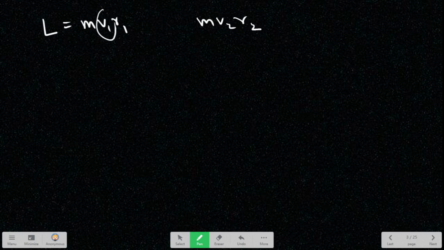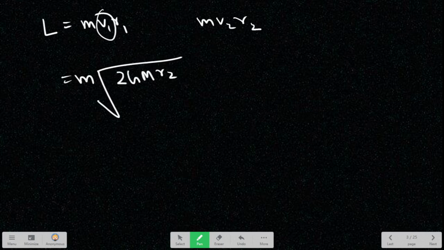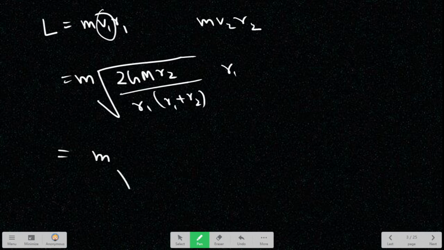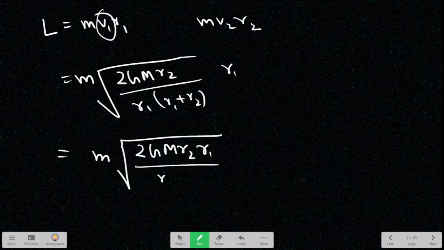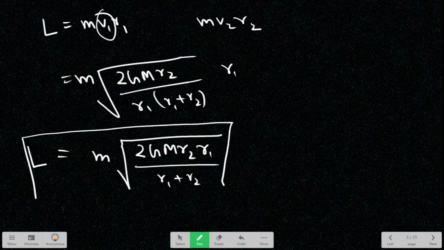So if we put v1 as root of 2GM r2 divided by r1 into (r1 plus r2), multiplied by r1, this is equal to m into root of 2GM r2 r1 by (r1 plus r2). So this is the equation for angular momentum of an orbiting satellite in an elliptical orbit.